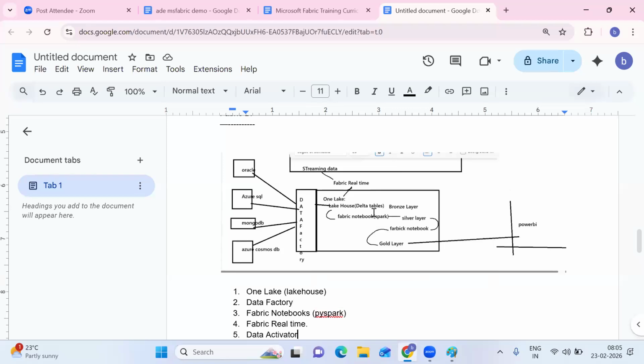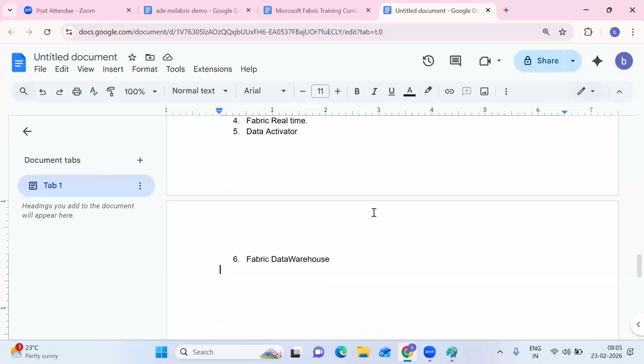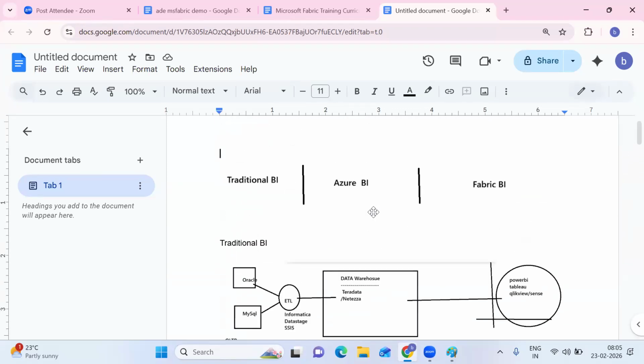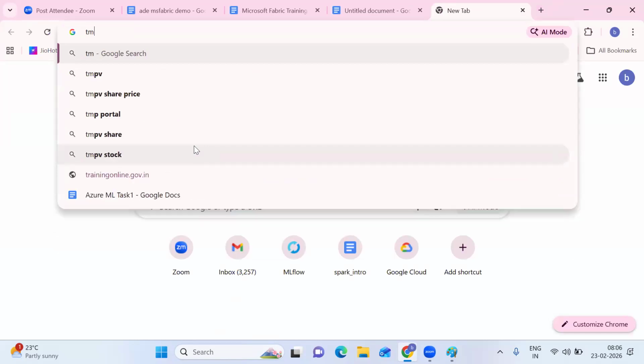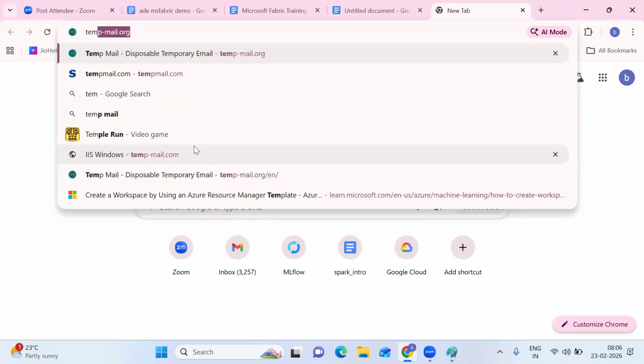Got it. So now all the required theory about this Fabric is completed. Tomorrow all of you get ready with your systems and try to create a company email ID. Just try with tempmail.org.